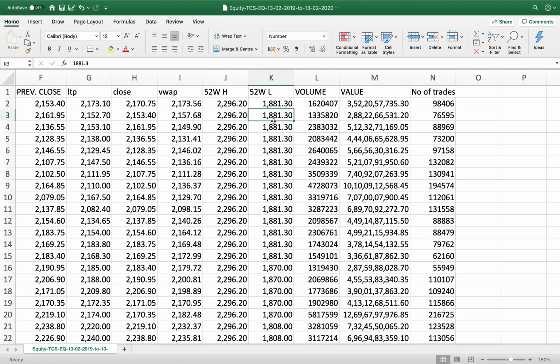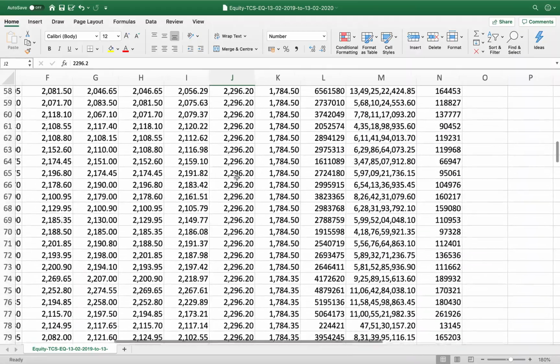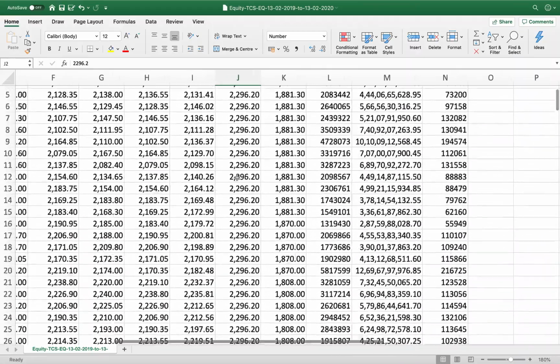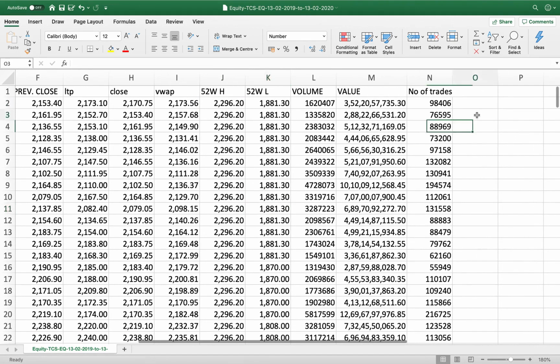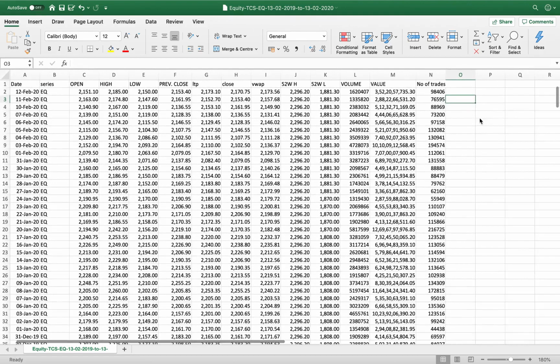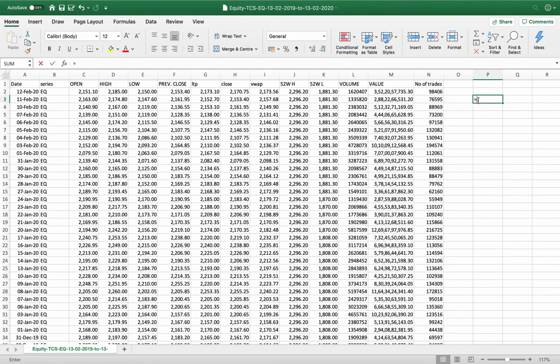You can see that 52-week high and 52-week low it is showing you, right? And 52-week high is 2296, and 52-week low is 1181. How to get that? Let's use one function called the max function.